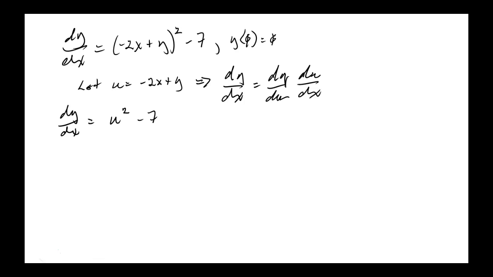Now, what is dy/du? Well, we might need to rewrite this as y is equal to u plus 2x. See, solve this for y. Now we can do a dy/du.